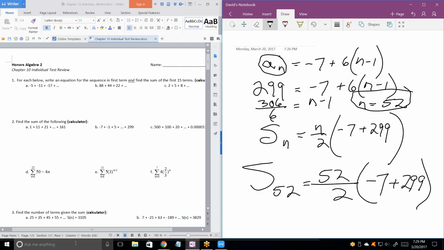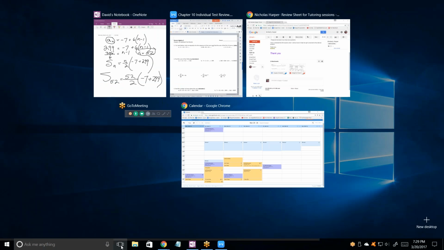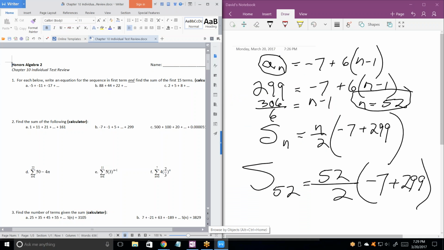Well, let me look at her key real quick. Easier said than done. No, I don't need to look at her key. I just don't want to confuse you by using terminology you're not used to. You okay with my terminology so far? Yeah, I'm good. You're understanding it even though I'm using subscripts? Yeah.